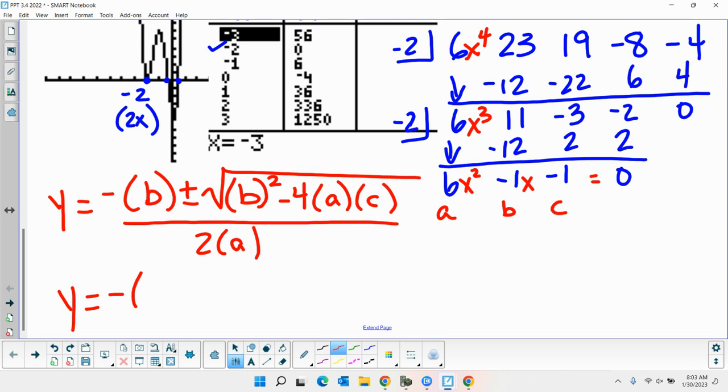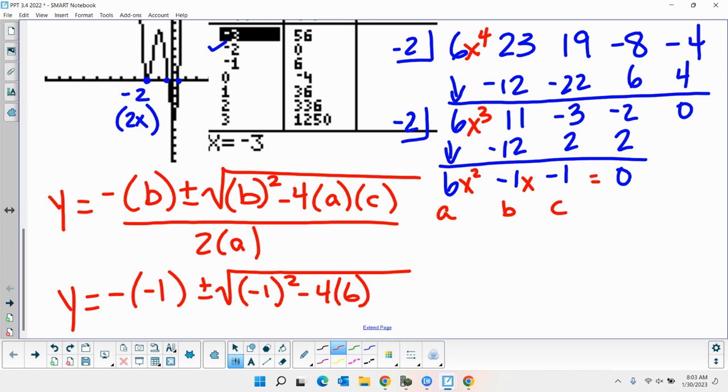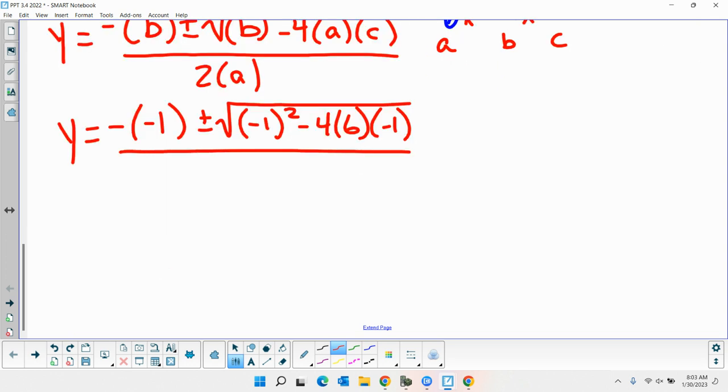All right, b was -1. B is still -1, minus 4. A was 6, and C was also -1, over 2 times a, which was 6. So the two negatives make that a positive 1 there.